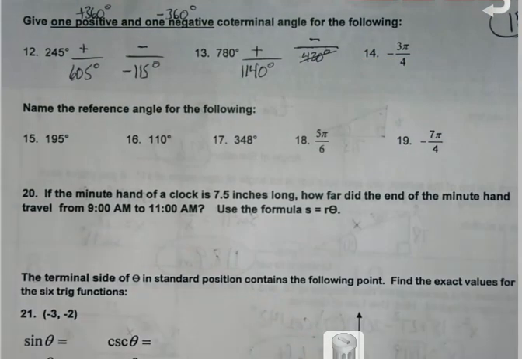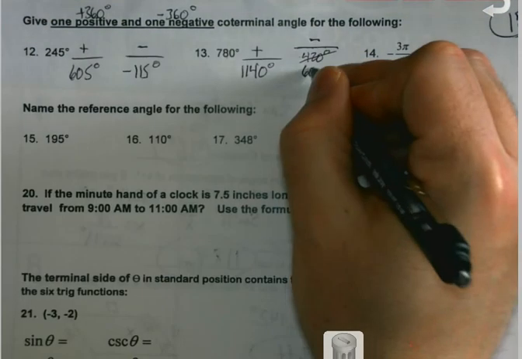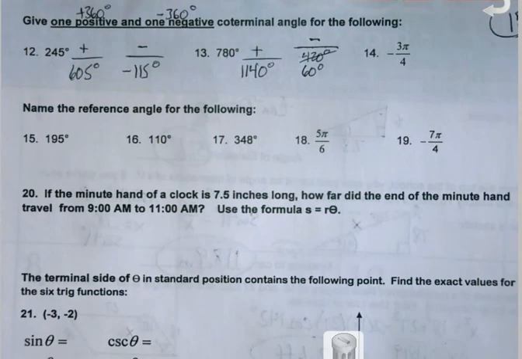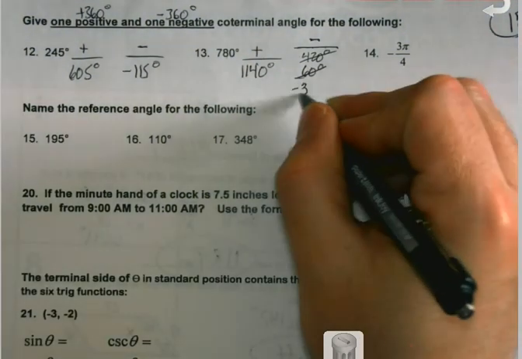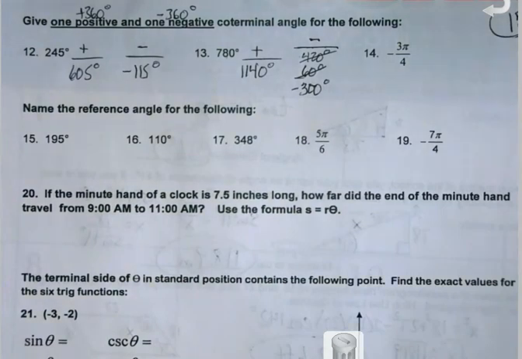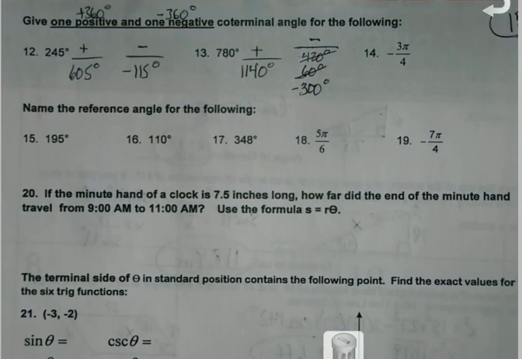So I'm going to subtract 360 again. I end up at 60 degrees. It's still positive. That's no good. When you finally make it to a negative degree measure, now you're good. And the same thing would go if I started with a negative and I added 360 and it was still negative. The same idea is going to apply here.